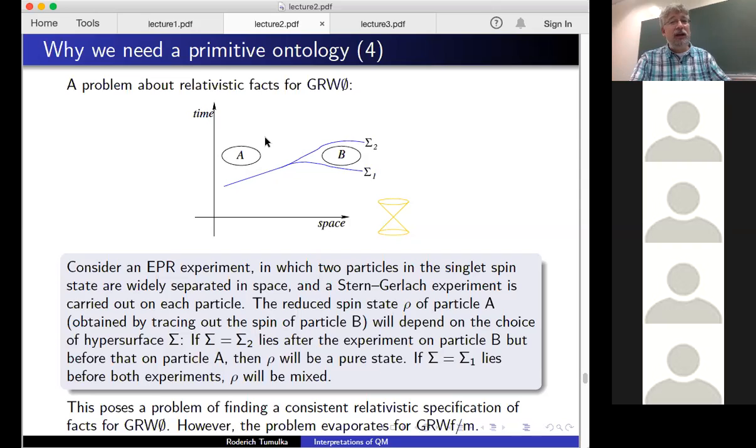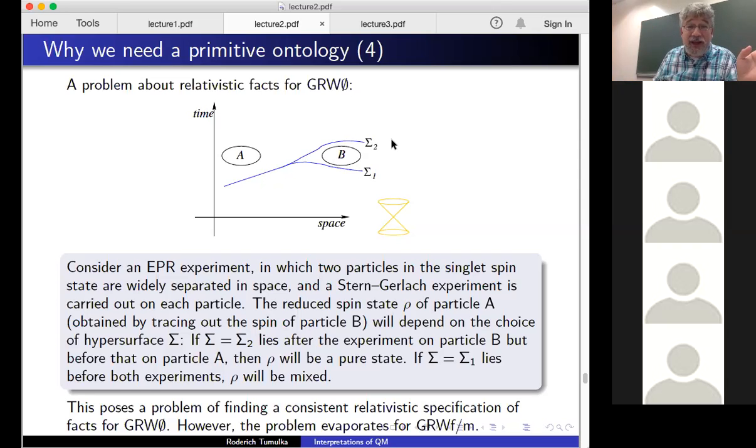Okay, so that means that the physical state of affairs on Alice's side, on this piece of surface, depends on how you extend the surface to Bob's side, whether you take sigma 1 or sigma 2. And that sounds unreasonable. You wouldn't say that the state of affairs on Alice's side depends on whether in some distant region, let's say in some other galaxy, you use this or that space-like surface.